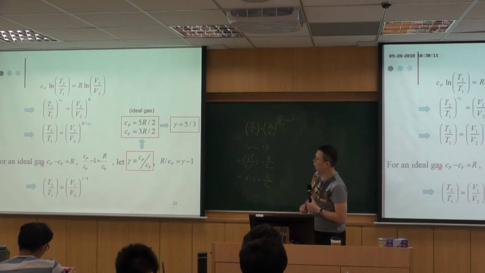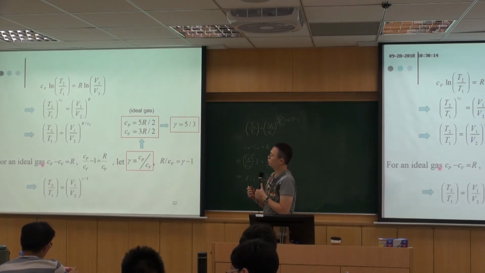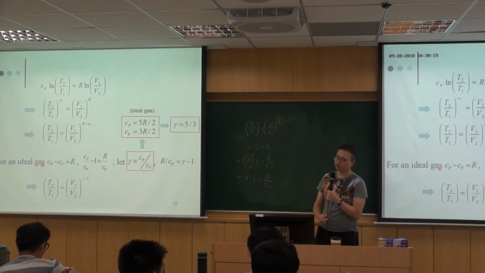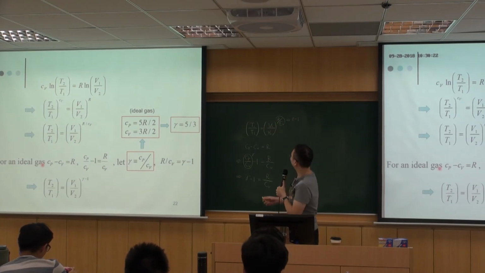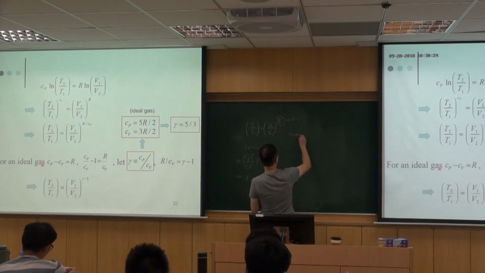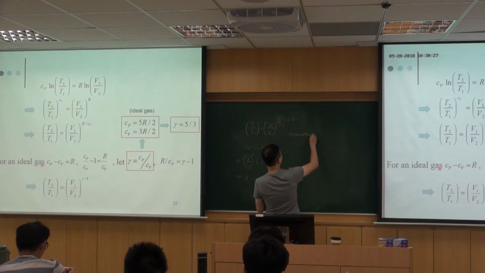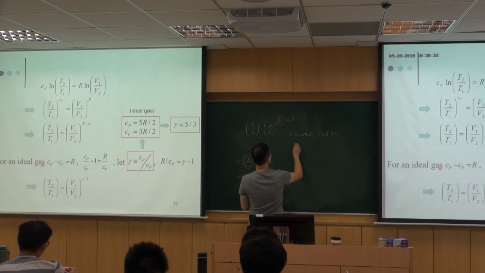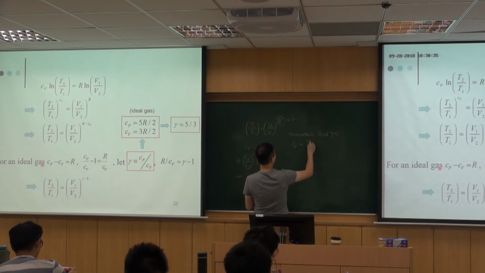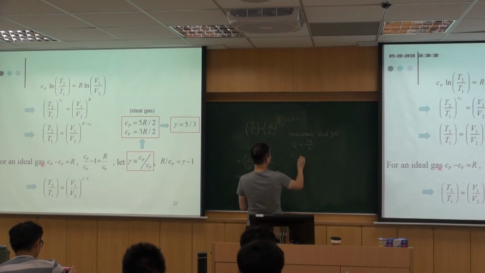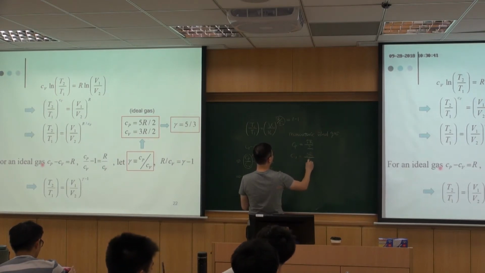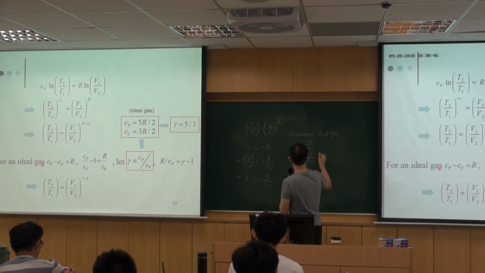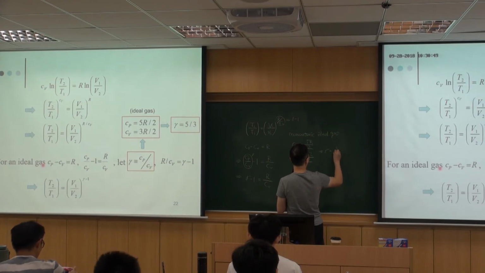If you're dealing with diatomic, or more than 2 atoms forming a gas molecule, then you're dealing with different CP over CV. But if you're dealing with monatomic ideal gas, your CP will be 5R over 2, and CV will be 3R over 2. So these are the numbers that you probably have to remember. Therefore, gamma is 5 over 3.